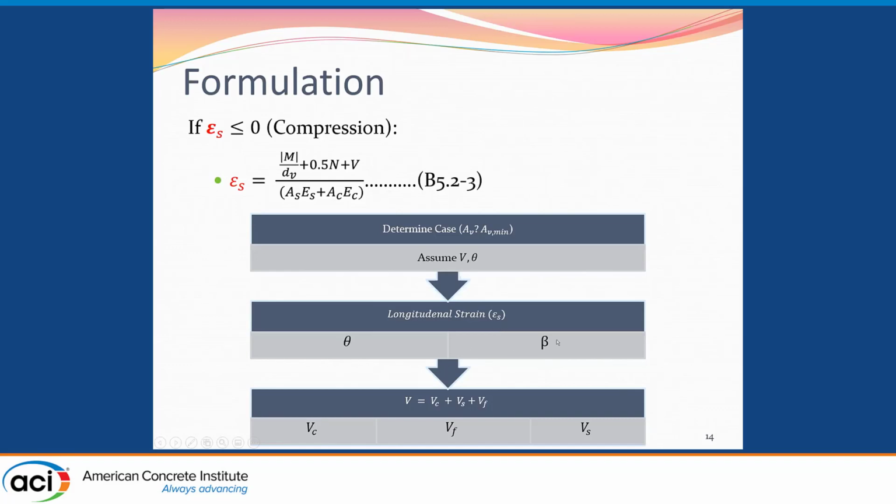And we get theta and beta. As I said, it's a function of epsilon S. Then we calculate V from VC, VF, and VS. And we keep iterating till we converge. This is the standard procedure that we have been using.